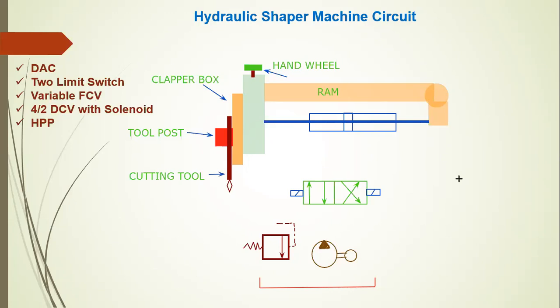Then after, two limiting switches are required, which are operated by the actuation process and pass the message from the limiting switch to the solenoid. Put two limiting switches.